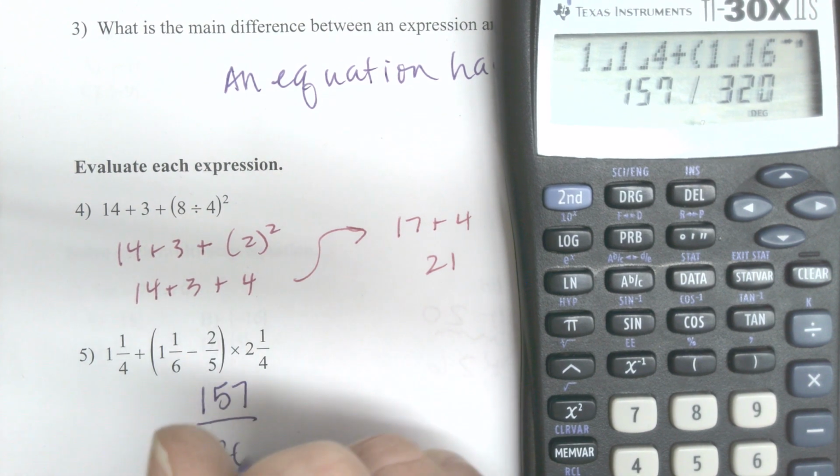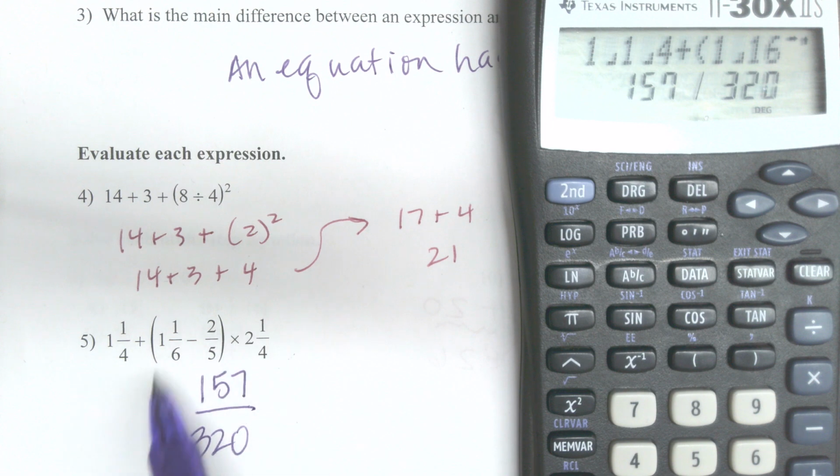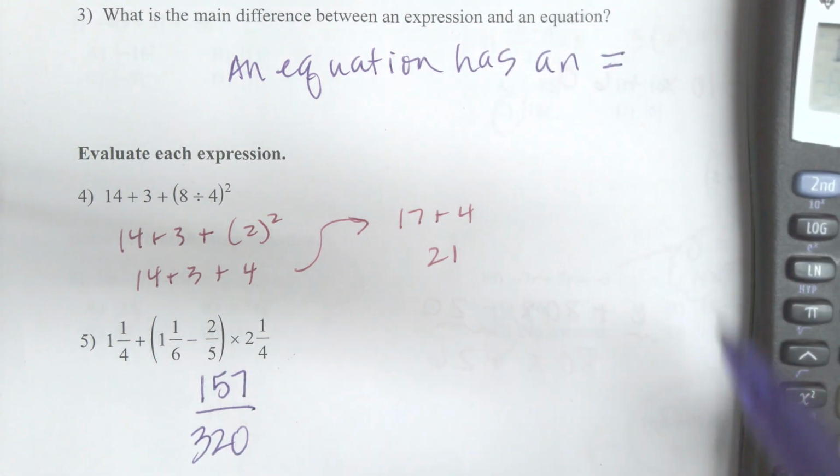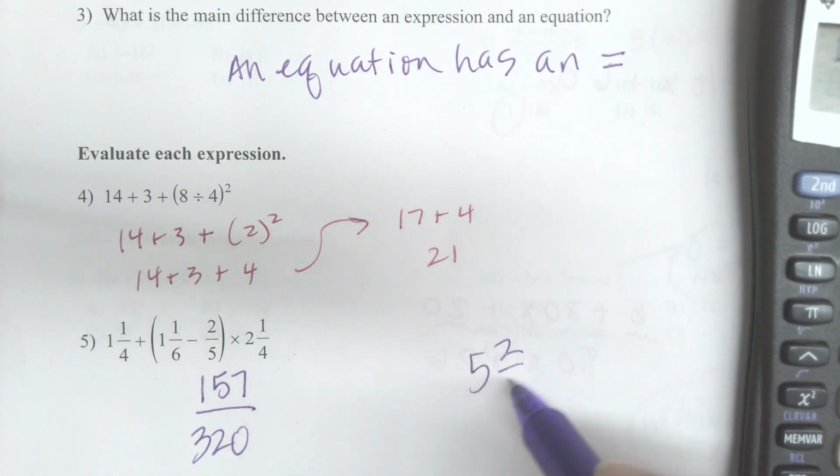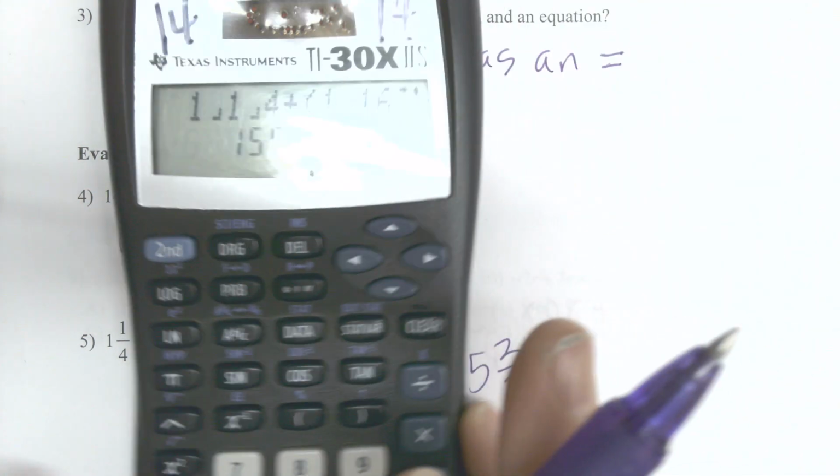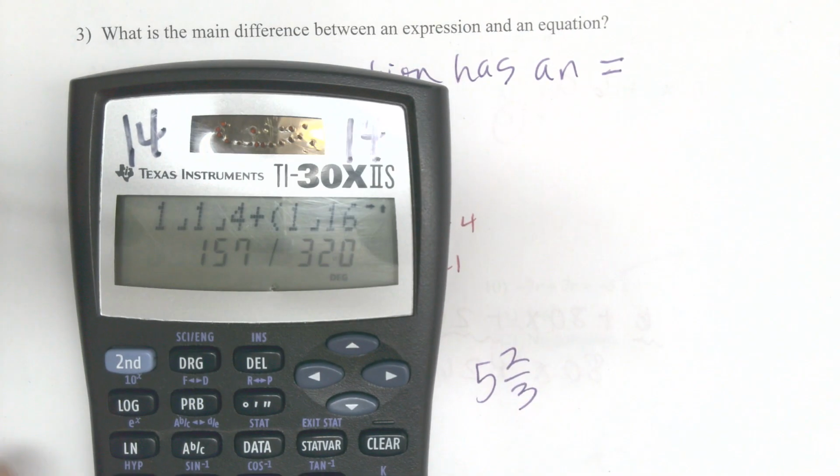Now, oftentimes, the answers on multiple choice are going to be written in improper form. This one it doesn't matter for, but let's say I got 5 2/3 as my answer. On your calculator, there should be a key.